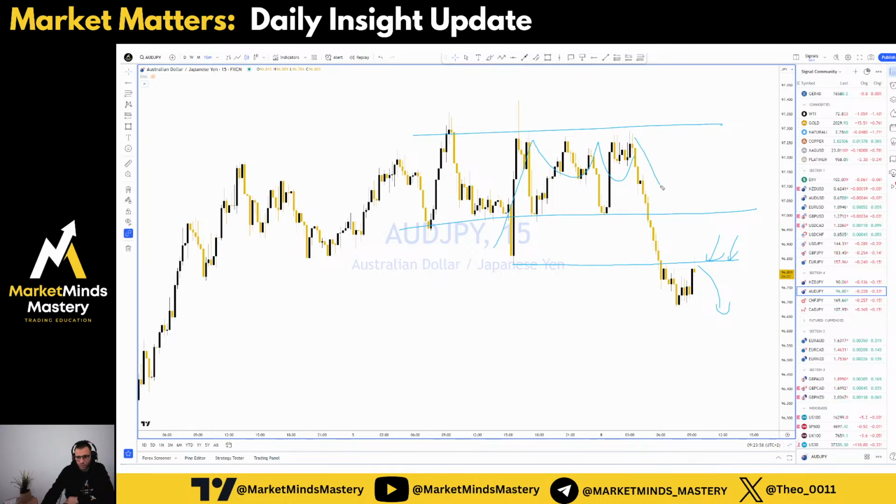We want first to see a clear directional move on the price before we look to get involved, and short.